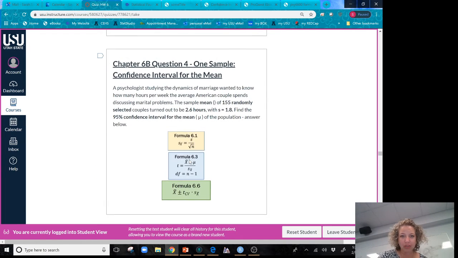This one. So there's empty parentheses. The mu symbol is supposed to be in there. Or, wait, it says a sample mean, so that should be x bar. I just noticed it's empty. I don't know why. So they give us a bunch of information, and they ask us to find the confidence interval.